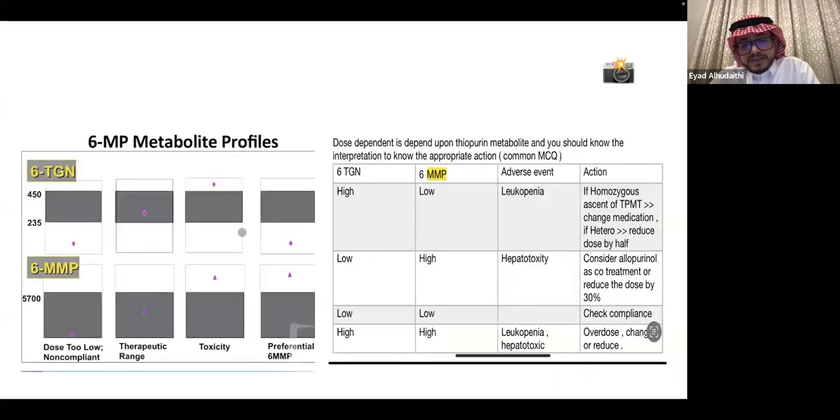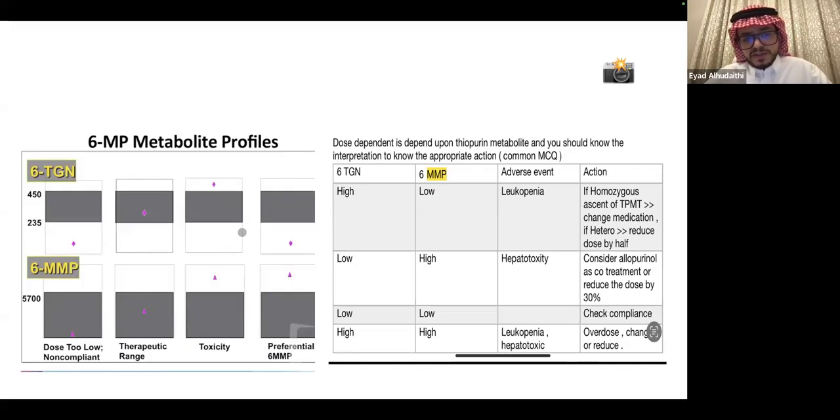So this is another figure. It shows on the left side the 6-TGN and 6-MMP, and the therapeutic level. You can see it's lower in the 6-TGN. The therapeutic level cutoff is from 235 to 450.